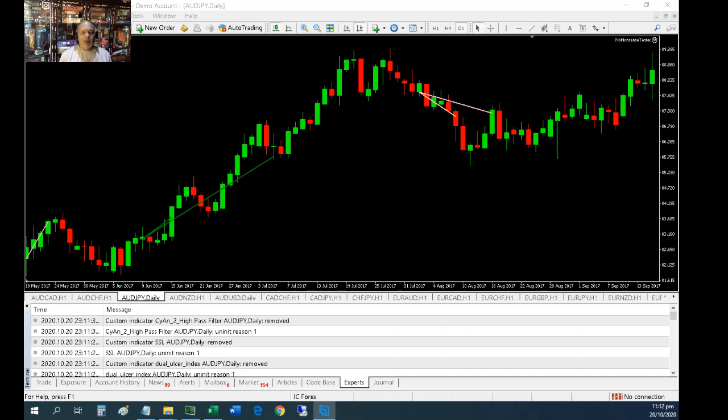Okay, so what I have here on my screen is just a random pair. This is Aussie yen on the daily. What I'll be showing you is how you can use this tester to test for different indicators.